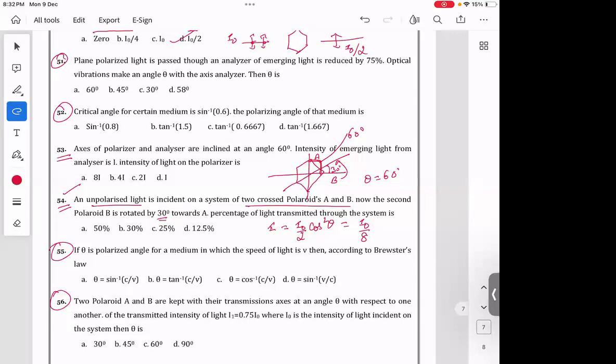If you want to find that in percentage, you have to multiply by 100. So in terms of percentage, it is 12.5 percentage. So option D will be the right answer.